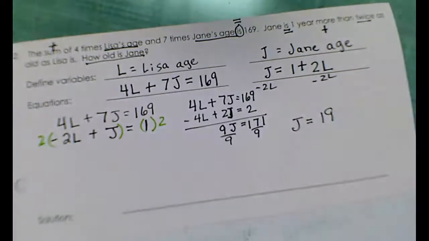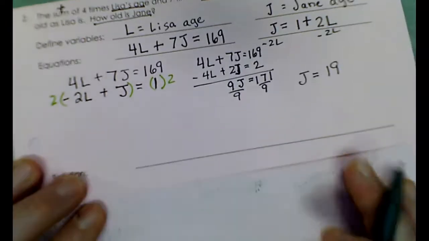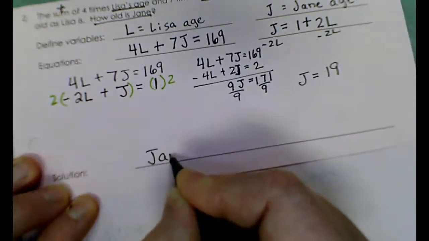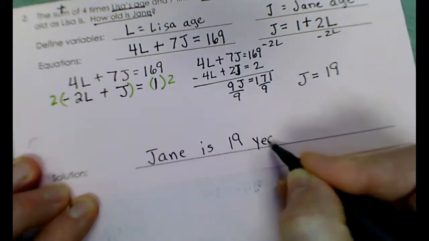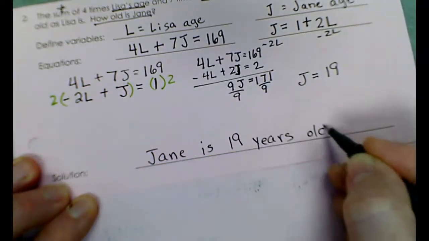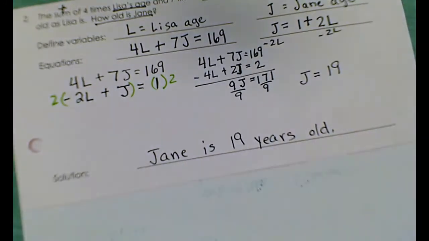Do we have to find Lisa's age? We could by plugging this 19 back into the original equation, but do we have to in order to answer the question? No. So can we answer the question? Jane is 19 years old. We could find both of them, but we don't have to.